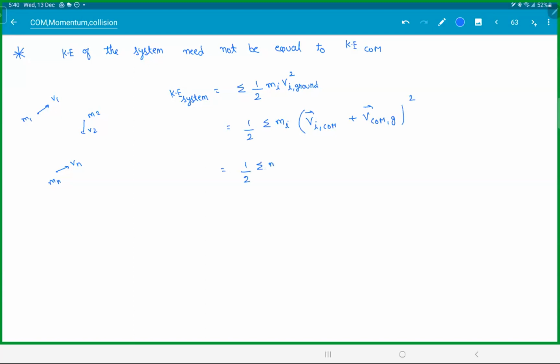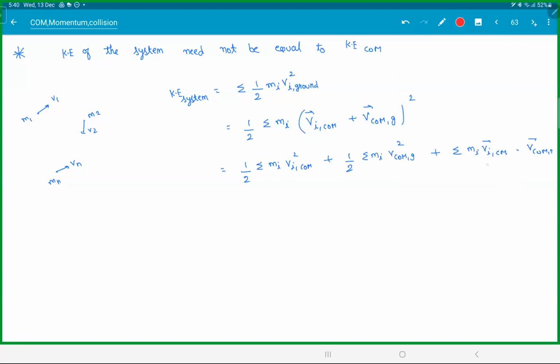Expand this, you end up with half sigma mi vi center of mass square plus half sigma mi v center of mass ground square plus sigma mi vi center of mass dot v center of mass ground.